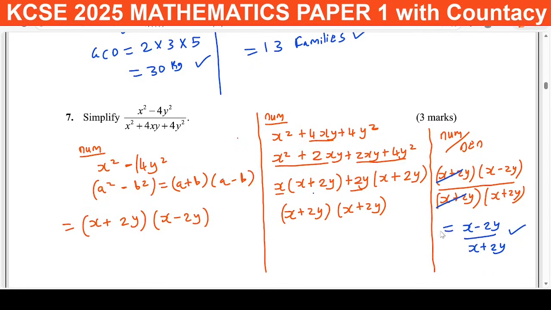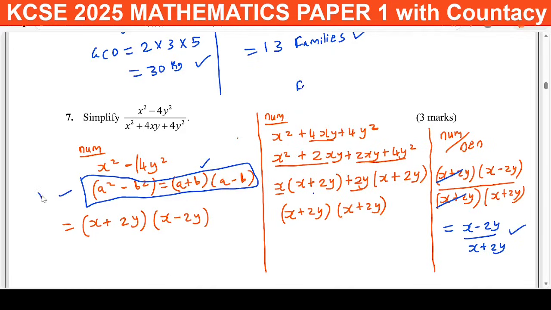So the last step that you leave this equation at is x minus 2y divided by x plus 2y. But one very important thing to remember in this equation is this formula. Normally, it's usually tested. Once you see an equation of this nature, mostly they test this concept. And the other concept is whether you know how to factorize.